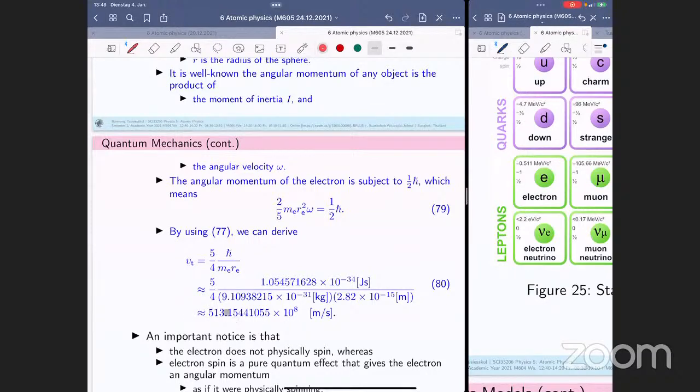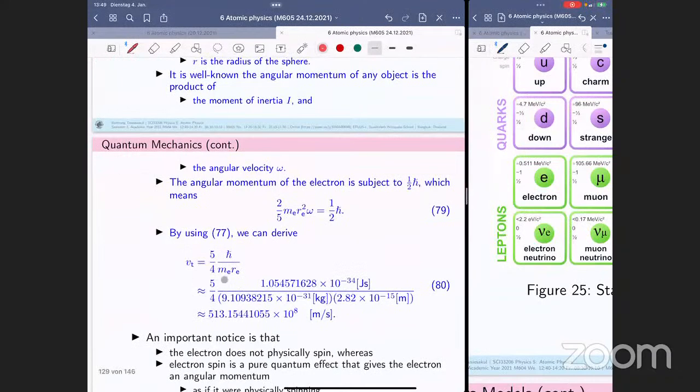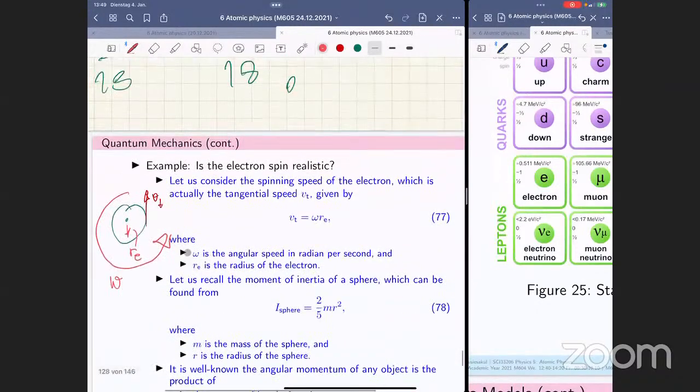It's much greater than the speed of light, and no object can move faster than light. So 5.13 is not a valid value. We can get it from the derivation or from the theory, but it doesn't hold true at all, because this value is more than the speed of light. No object in the universe can have a speed much greater than light. So this is invalid.